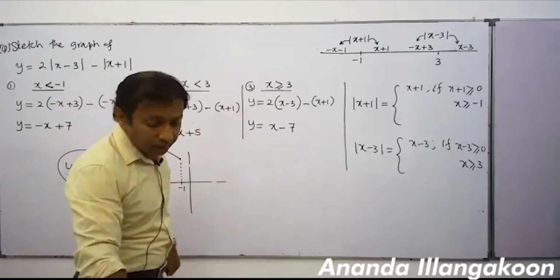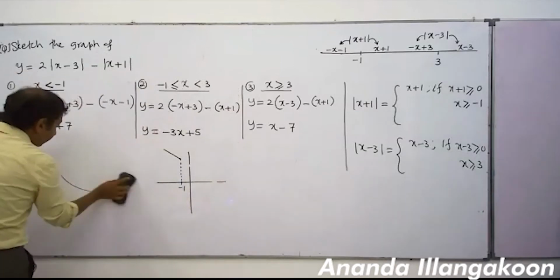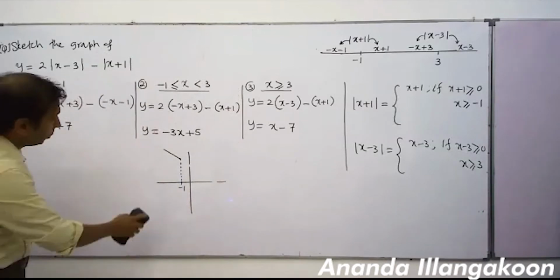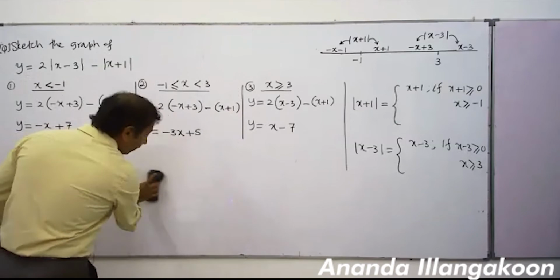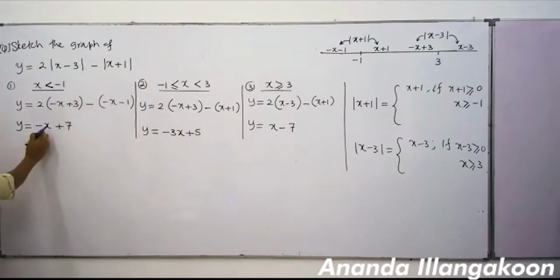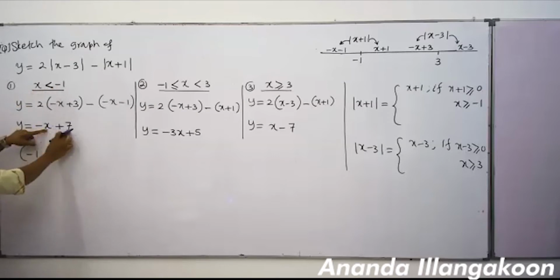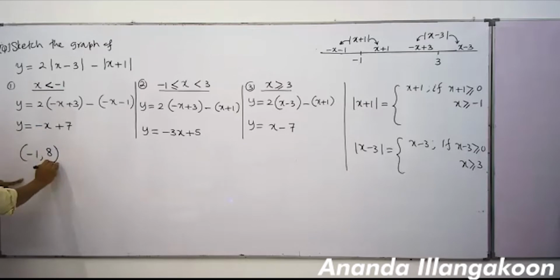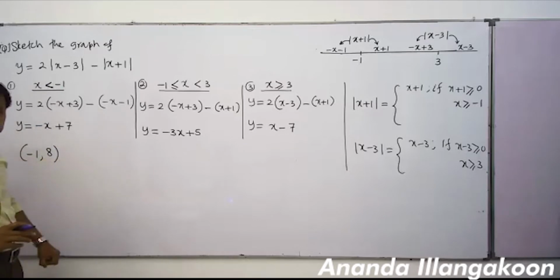Right. So here, now put x equals minus 1. When I put x equals minus 1 here, what do you get, people? The x coordinate is minus 1. When I put minus 1 here, minus minus is plus, plus 1, plus 7, 8. One point is minus 1, 8.